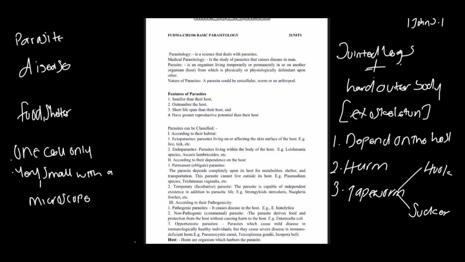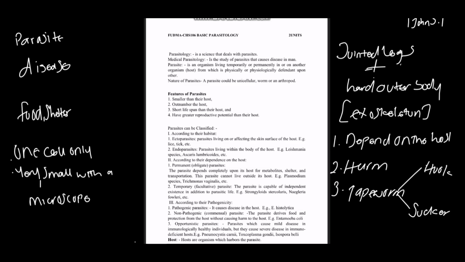The hook enables it to attach itself to the wall of the intestine of the host to prevent it from falling off, which is an adaptive feature. And the sucker is used for feeding in the host.